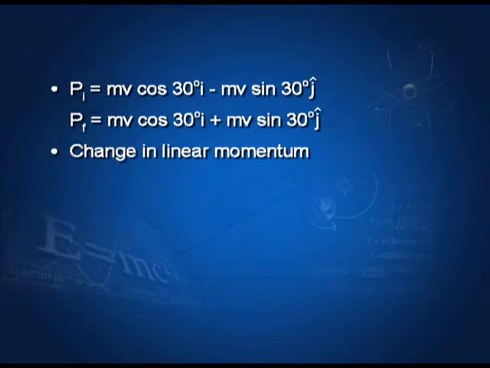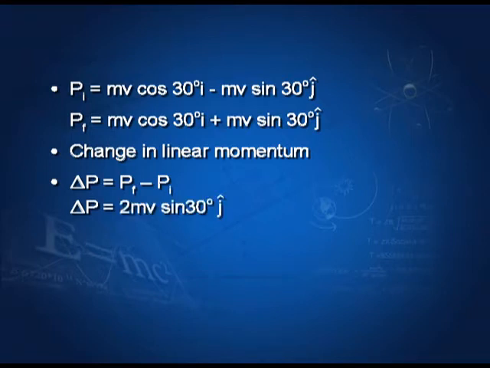So, change in linear momentum delta p equals p final minus p initial. So, delta p equals 2 mv sin 30 along j.